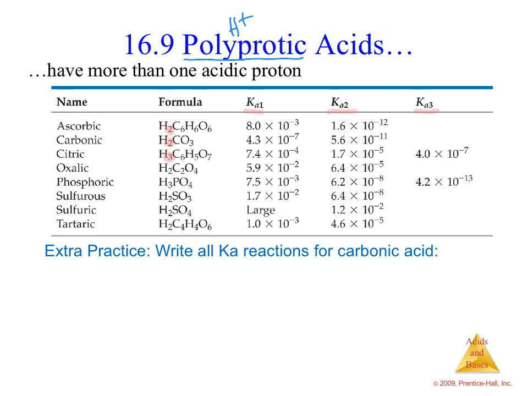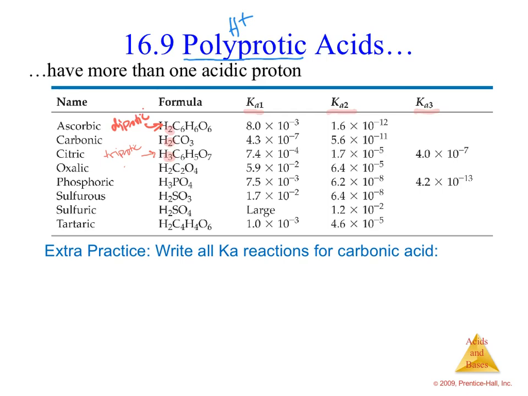If there's only 2 Ka values listed, Ka1 and Ka2, that tells you that it's diprotic, because I've got 2 acidic hydrogens. If I have 3 acidic hydrogens, this would be triprotic. So that's what we're looking at there.